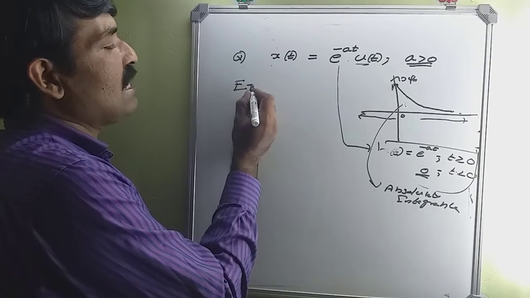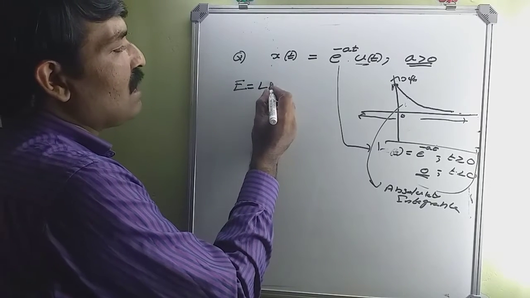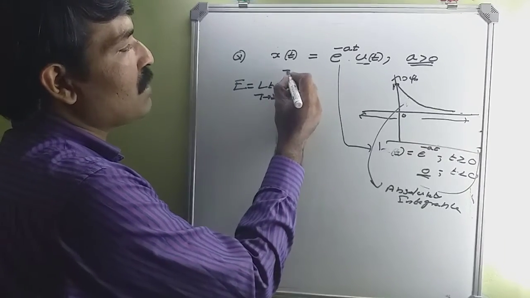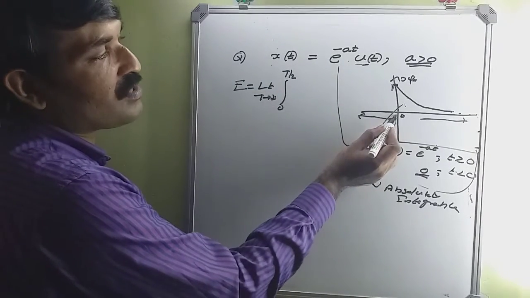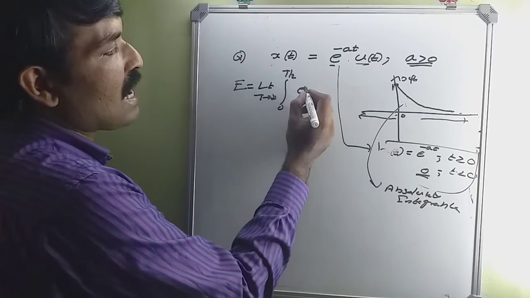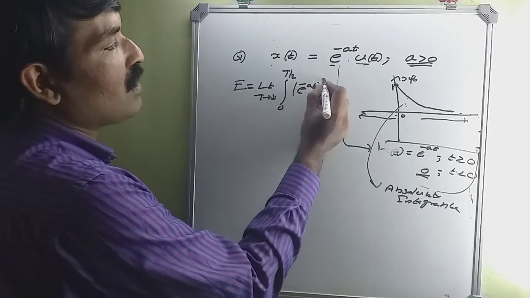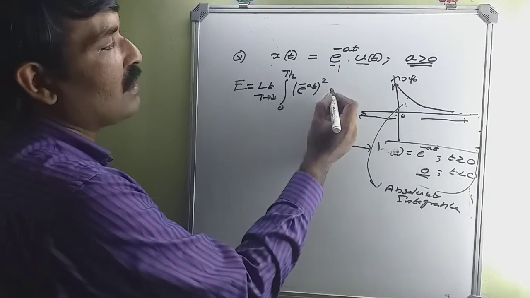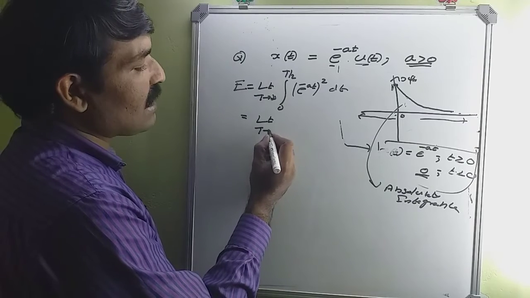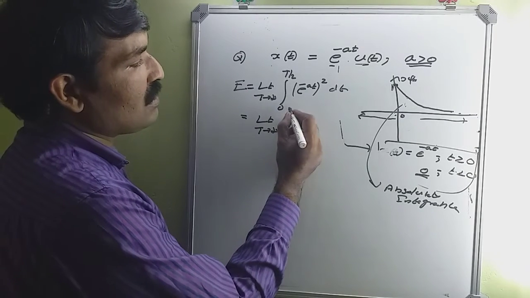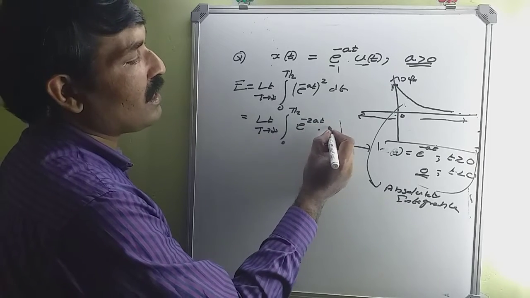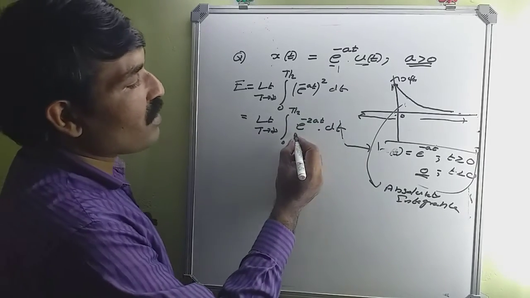Energy of the signal is given as limit t tends to infinity 0 to t by 2, since the value of the signal is 0 for t less than 0, e raised to minus at the square, that is x of t square dt, that is equal to limit t tends to infinity 0 to t by 2 e raised to minus 2at dt. What is the value of this integration?